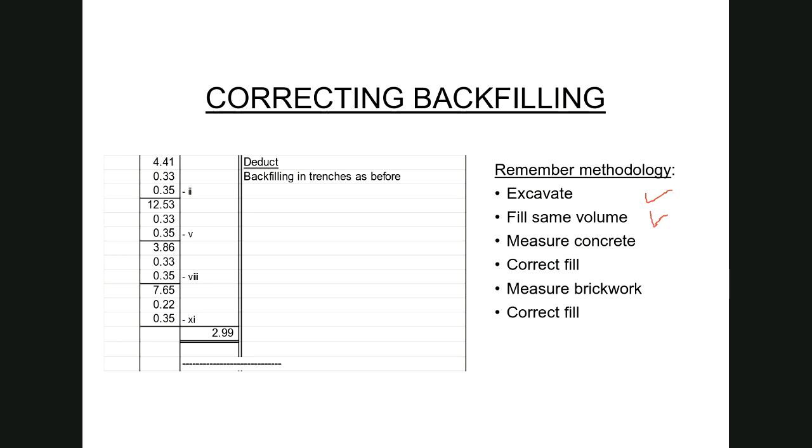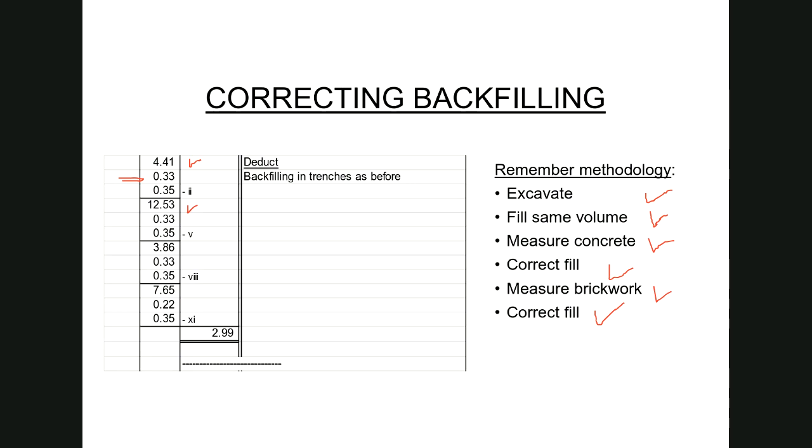So when we come and measure the concrete, we correct the filling and we deduct the same volume as the concrete from the backfilling. And now we need to do exactly the same with the brickwork. We have measured the brickwork and now we need to come and do the correction of the fill. So again, I am using the length that I used to measure the walls over there, and I'm using the width of the wall, which is the 0.33.